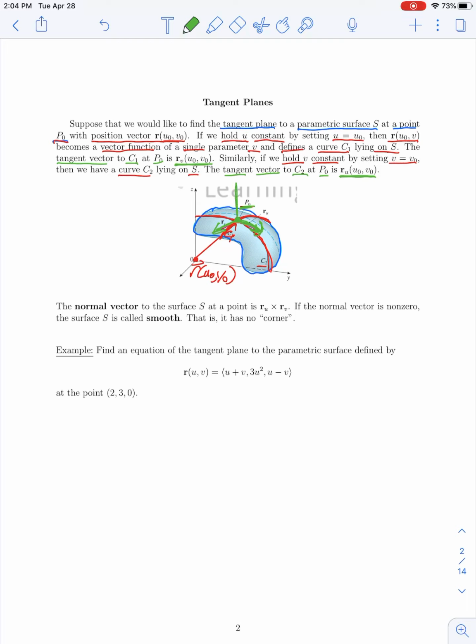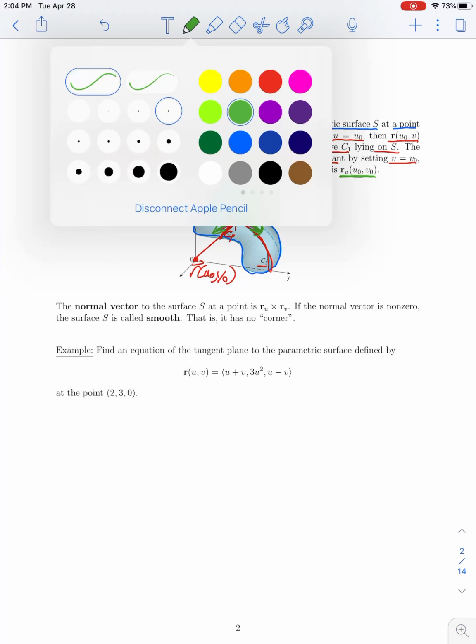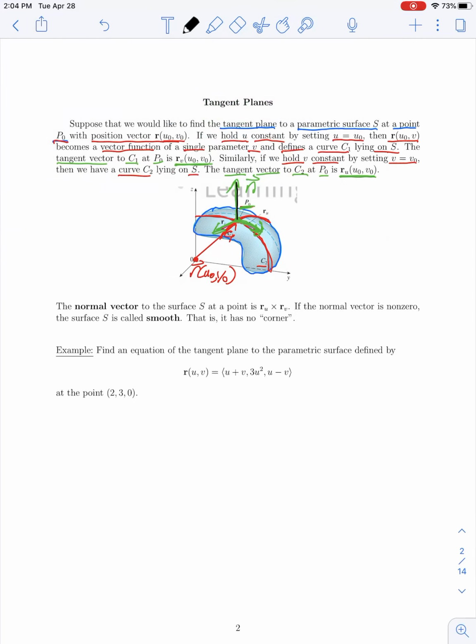We would have a normal vector, let's call it n, which is the cross product of these tangent vectors, that is, the cross product of the partial derivatives of r with respect to u and v.